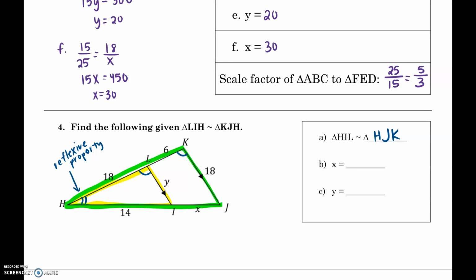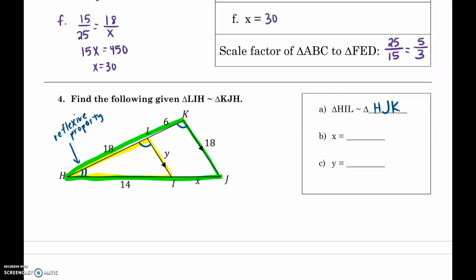Now to solve for x, we're going to set up a proportion using corresponding sides. So in the smaller triangle, we can use side HI, and that side corresponds with side HJ in the big green triangle.